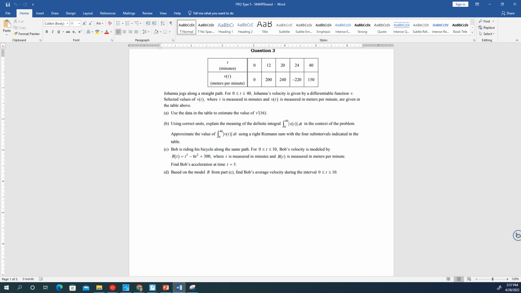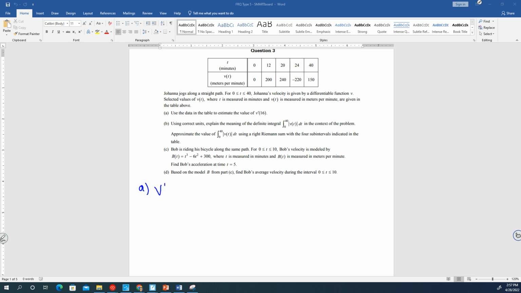Use the data in the table above to estimate the value of v prime of 16. Okay, so obviously since I'm not given an equation here, I can't find the derivative, I'm just given the table. So I'm just going to approximate v prime of 16.